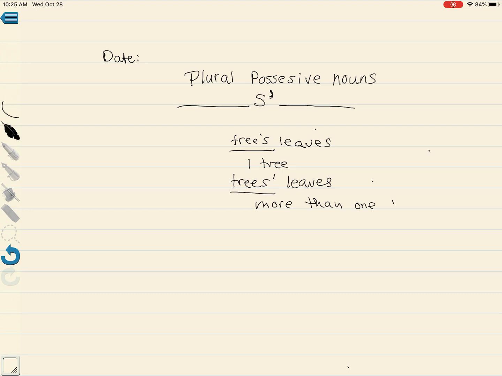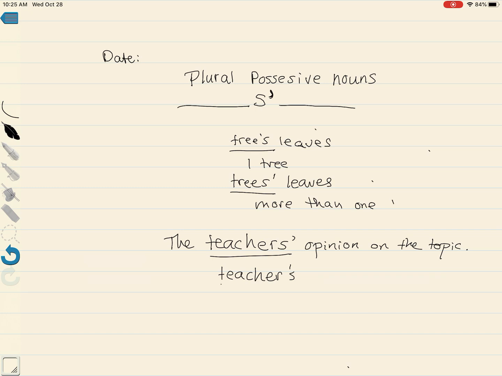The teachers' opinion on the topic. This means there's more than one teacher involved. If I wrote it like this, it would only be one teacher. So if it's plural, your apostrophe is going to go at the end.